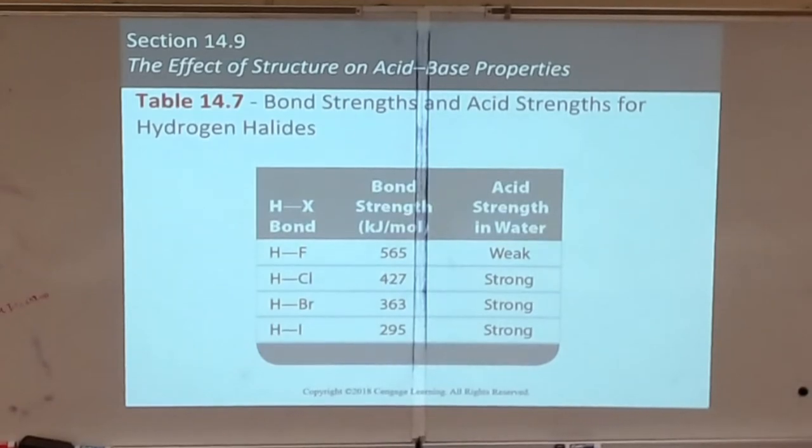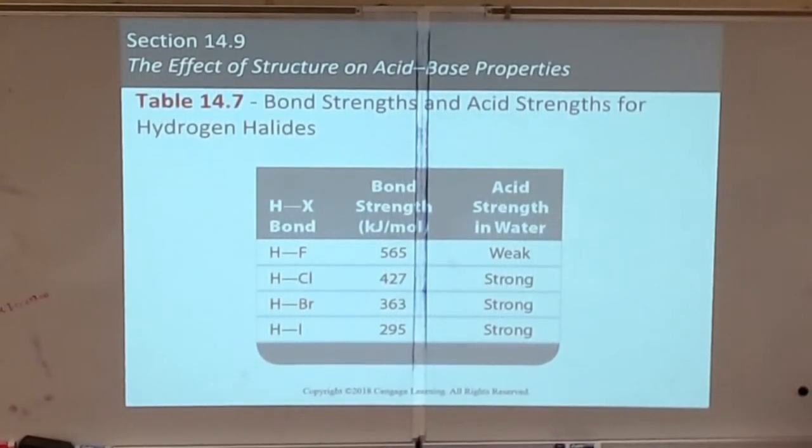Remember these. If you will remember, some of our strong acids include hydrochloric, hydrobromic, and hydroiodic, right? And many people ask, well, why isn't hydrofluoric a strong acid? And that's where we get into bond strength and bond length. This is a much stronger bond than this.